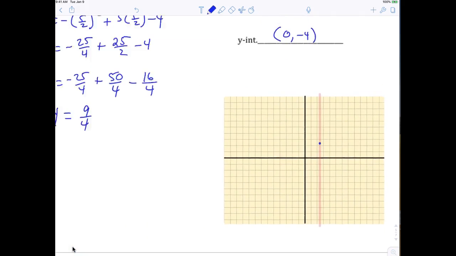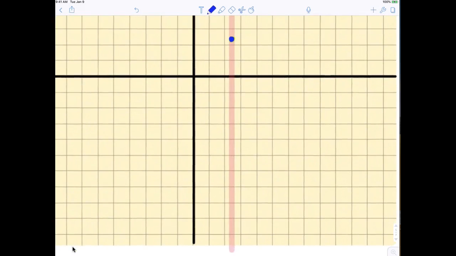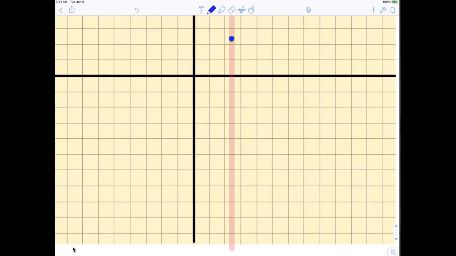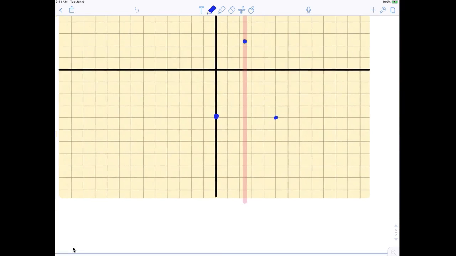The y-intercept was what? 0, comma what? How far away am I from the axis of symmetry? 2.5, right? So I go 2.5 over. Should be right there. And I just draw on the graph. Any questions or concerns?